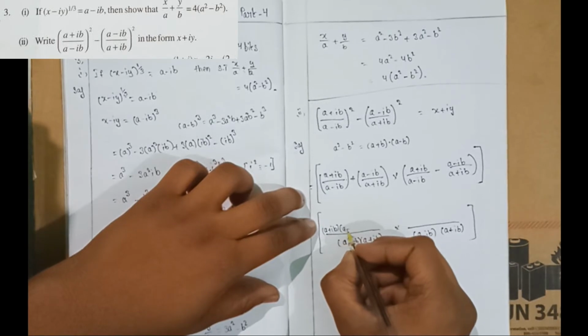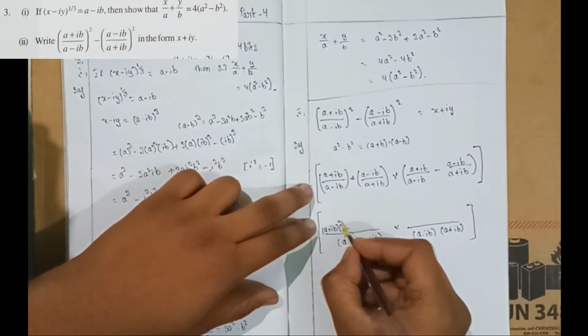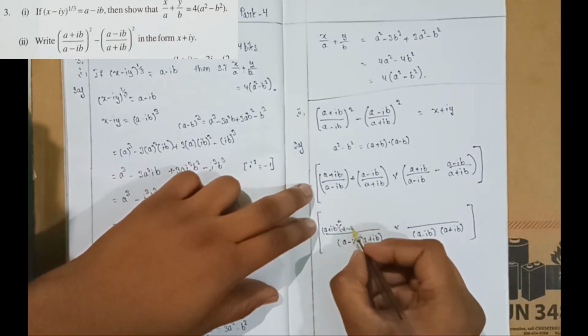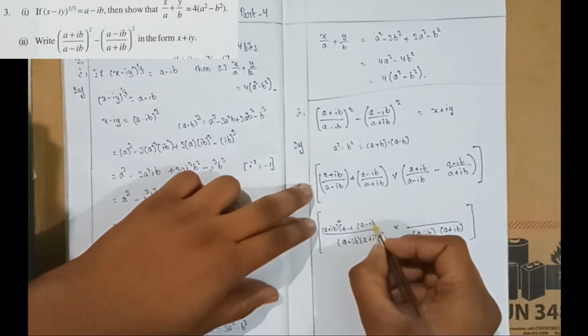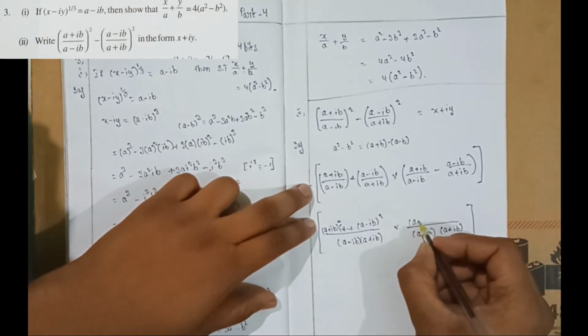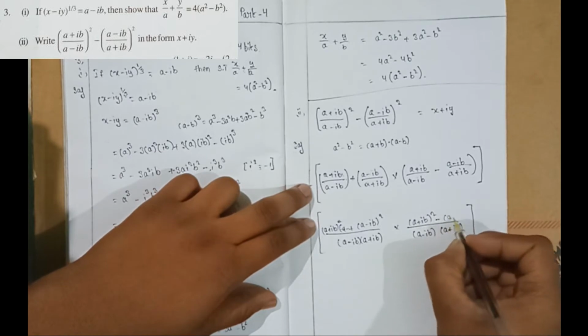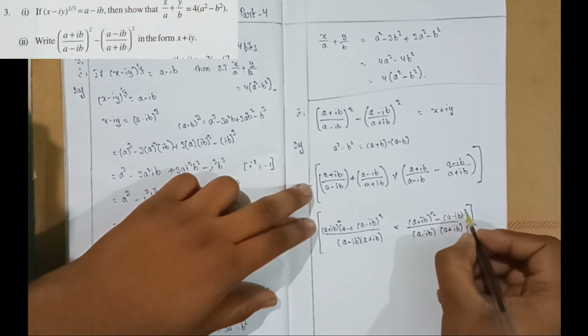a whole, they both are same, so we can easily do whole square: (a plus ib) whole square plus (a minus ib) whole square. Here also (a plus ib) whole square minus (a minus ib) whole square.